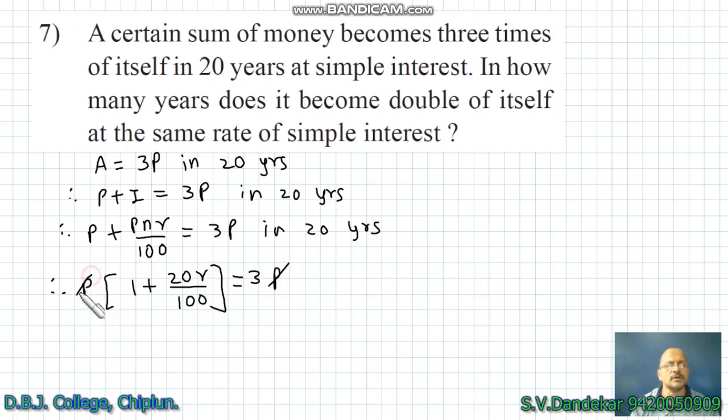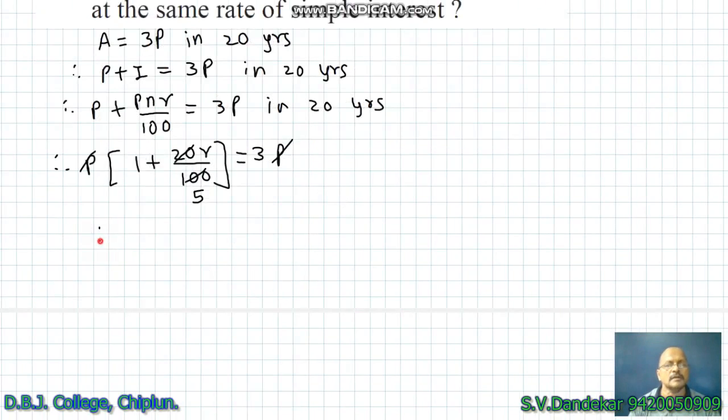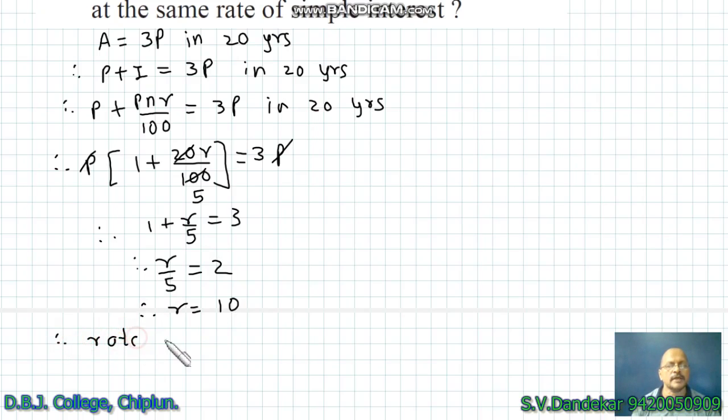P cancels out and I get 1 plus R upon 5 is equal to 3, and therefore R upon 5 is equal to 2, and therefore R is equal to 10, and therefore rate of interest is equal to 10% per annum.